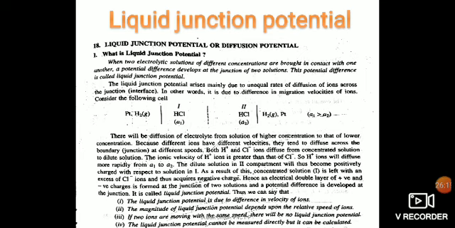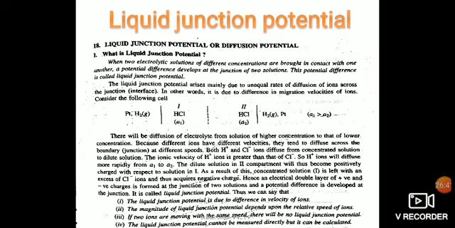In other words, it is due to the difference in migration velocities of ions. Now consider the following cell: platinum, hydrogen gas, HCl at activity a1 in communication with HCl of activity a2, hydrogen gas, platinum. Here we can consider that activity a1 is greater than a2.